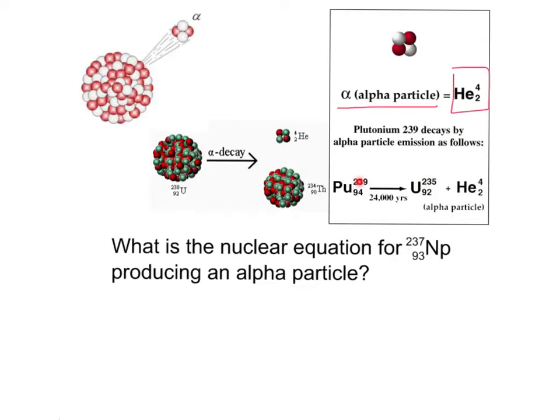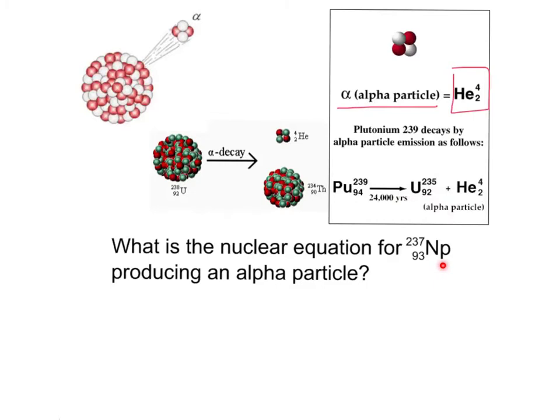So you know that this must be 235, because 235 plus 4 equals 239. You also know that the sum of the protons also has to be conserved, right? We'll conserve matter here. So this must be 92, because 92 plus 2 will give us 94. And from there, you can look on the periodic table and see that 92 protons is how many protons are in a uranium atom. So this is the uranium nuclide.